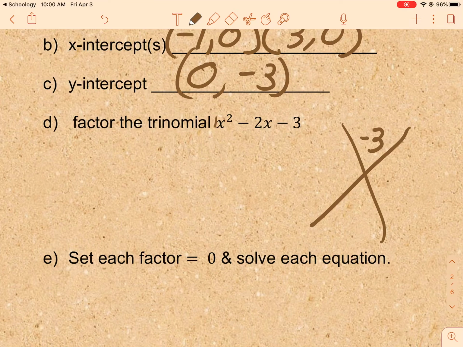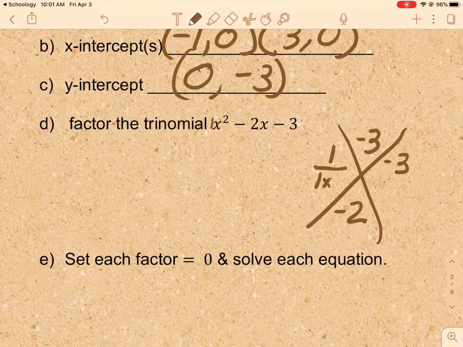That number goes right here, and this number, our b, goes right here. So we're thinking in our heads, what two numbers multiply to be -3 that add up to be -2? That's going to be a +1 and a -3. Each of those is over just the 1x, or x.